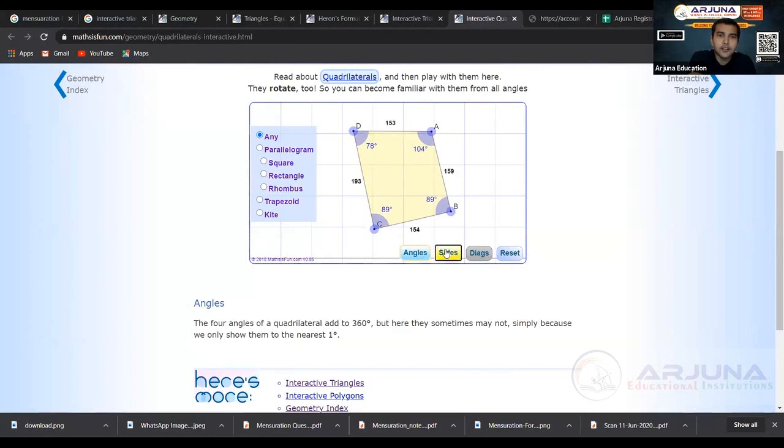I can calculate the lengths also, and I can calculate the diagonals also. Okay, so now if it is a square, you can clearly see all the angles are equal, that is 90 degrees, and all the sides are also equal, the lengths of the diagonals are also equal, and the diagonals are perpendicular to each other also. And if it is a rectangle, I'll just pull this here.